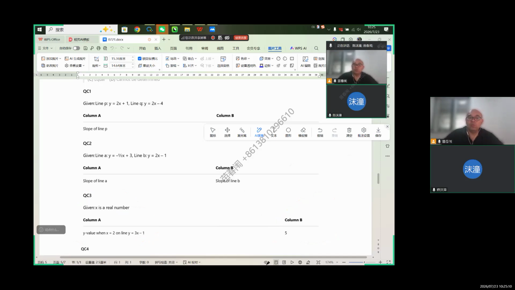I'm going to keep reading it until you finally nail this question because I think you can. What is the y value when x equals 2 on the line y equals 3x minus 1?